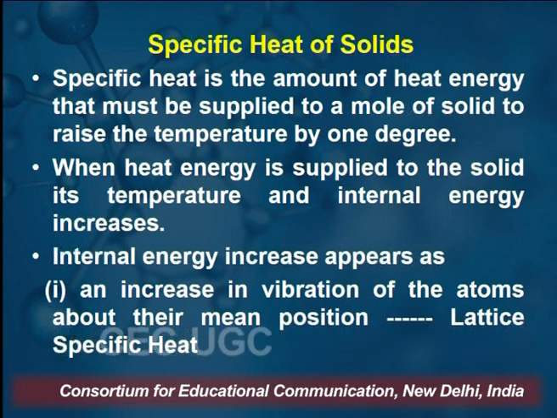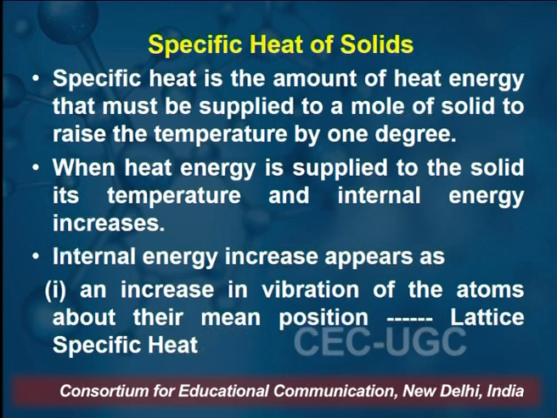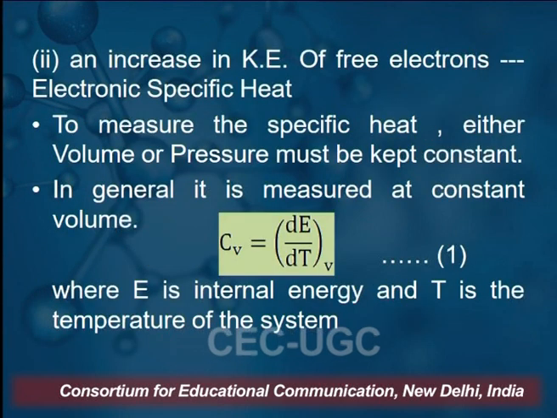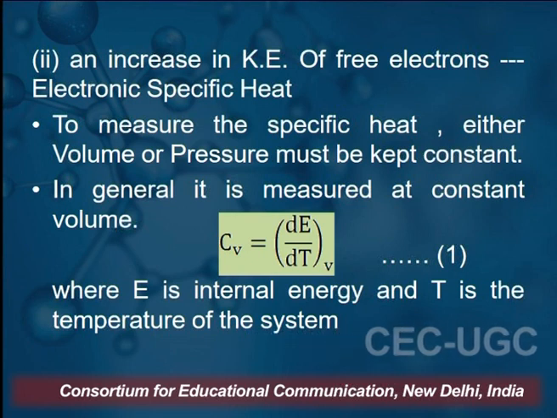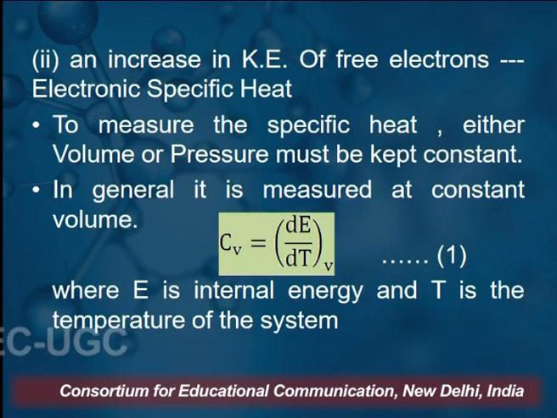One of them is an increase in the vibration of the atoms about their mean position, which we define as the lattice specific heat. And the second case is an increase in kinetic energy of the free electrons, which we call the electronic specific heat.